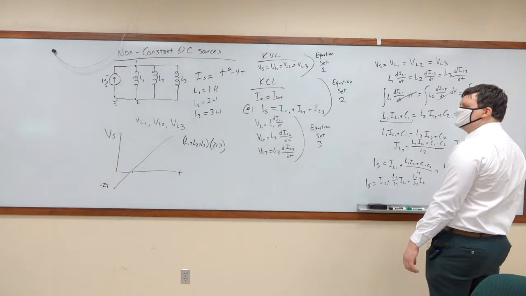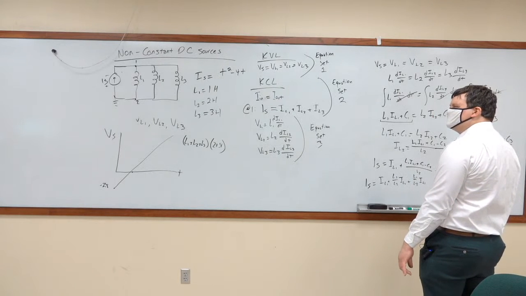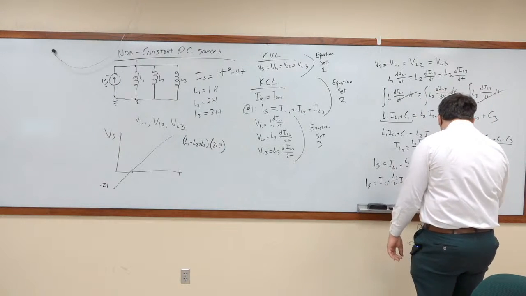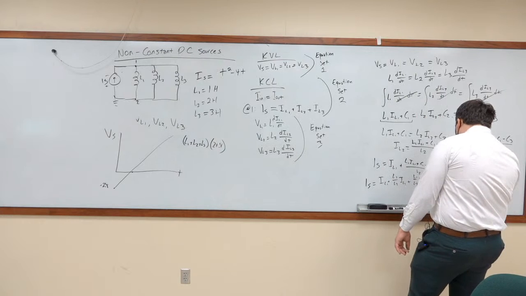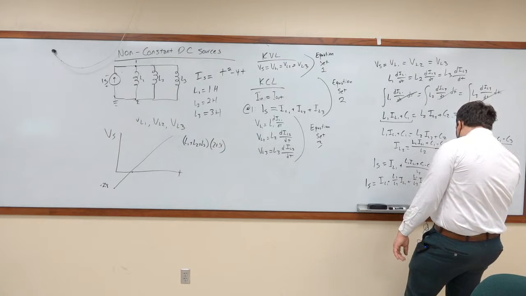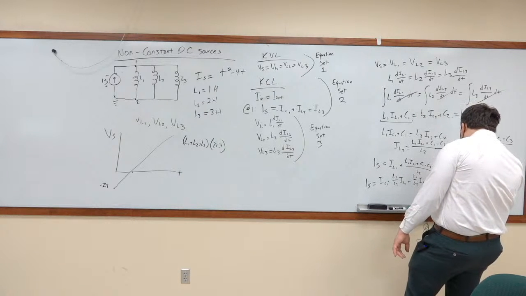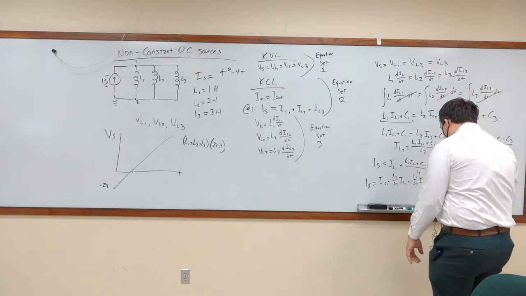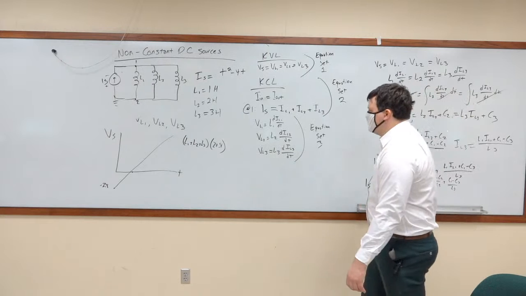You know, this would have been a lot easier if I just would have done an equivalent inductance. Plus, and then all my constants, I have C1 minus C2 over L2 plus C1 minus C3 over L3, okay? And I know that equals IS.